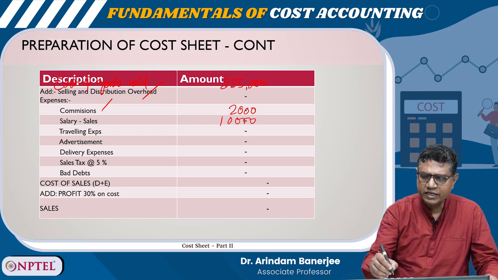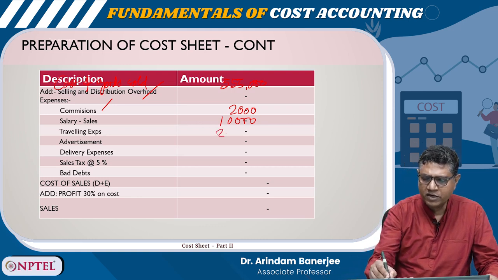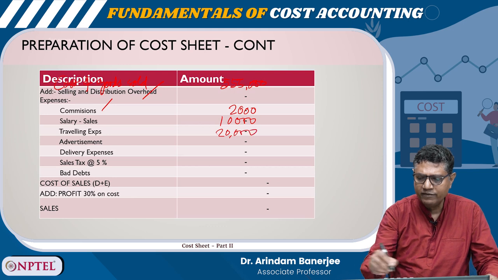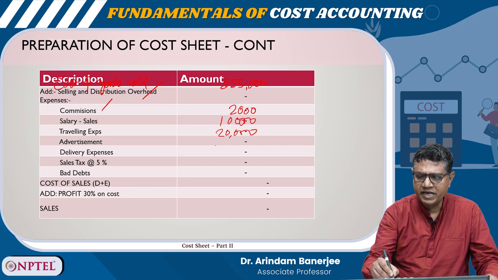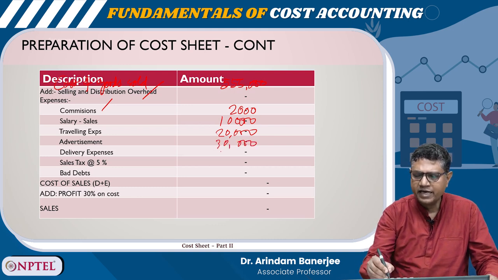Traveling expenses I am taking another, because the salesmen need to travel. Advertisement I am taking say 30,000. Delivery expenses I am taking say 3,000.